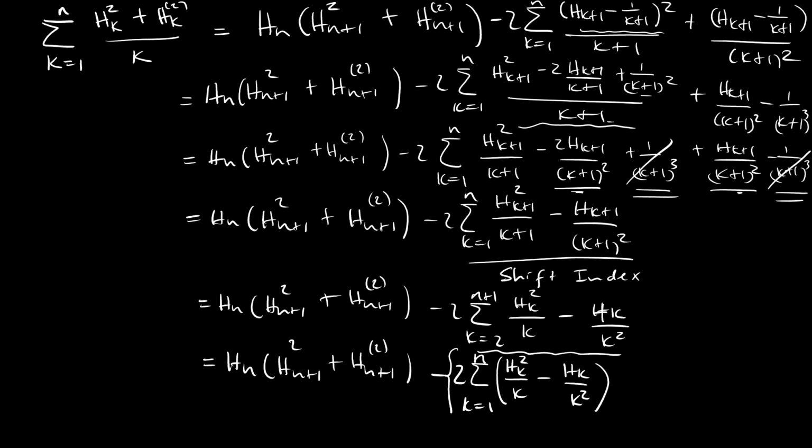So what we do is we subtract 2 h_1 squared over 1 minus h_1 over 1 squared, and then we obviously add h_{n+1} squared over n+1 minus h_{n+1} over (n+1) squared. h_1 squared is just 1 over 1, which is 1, so 1 squared is 1, so these terms cancel.